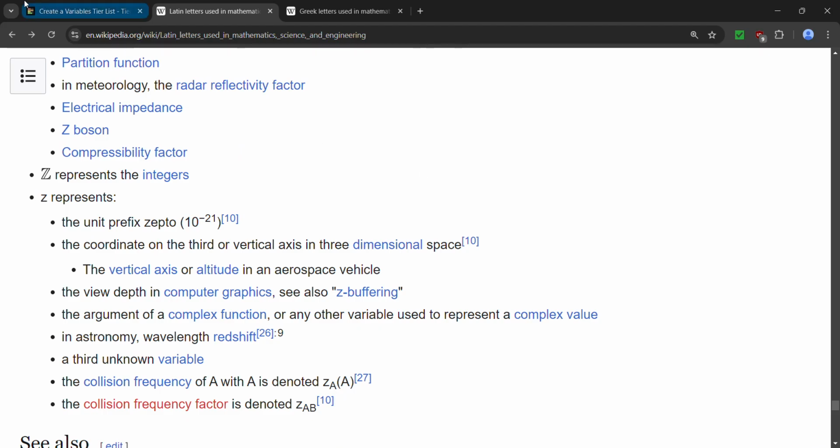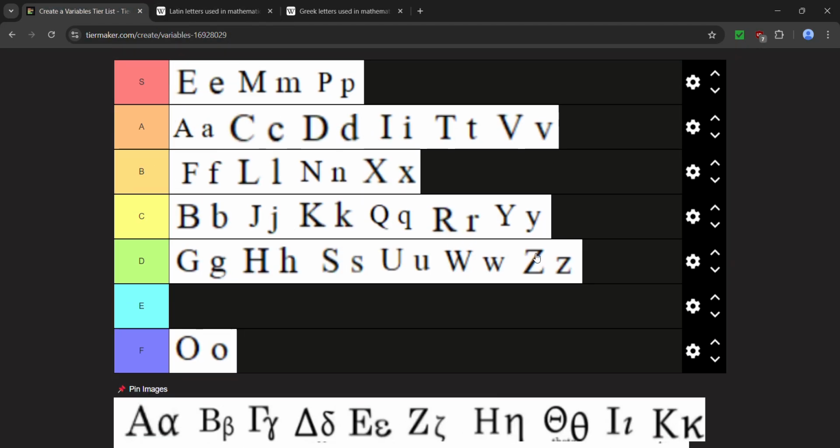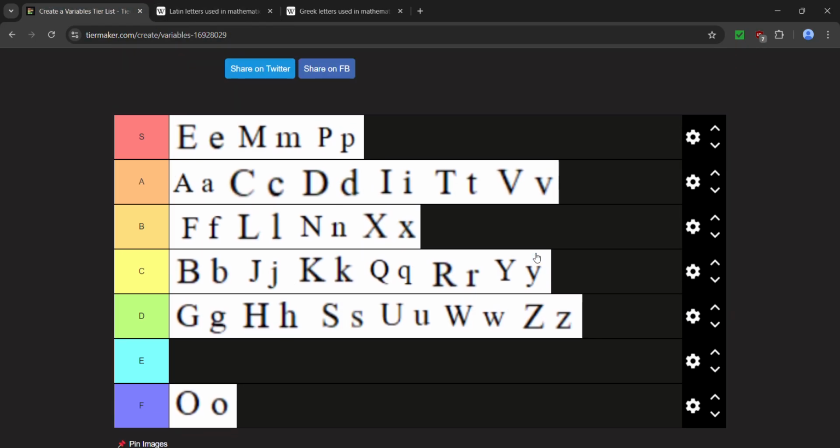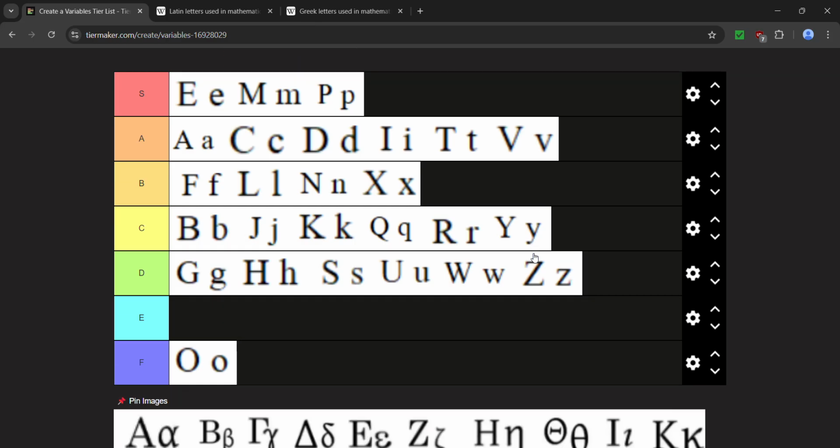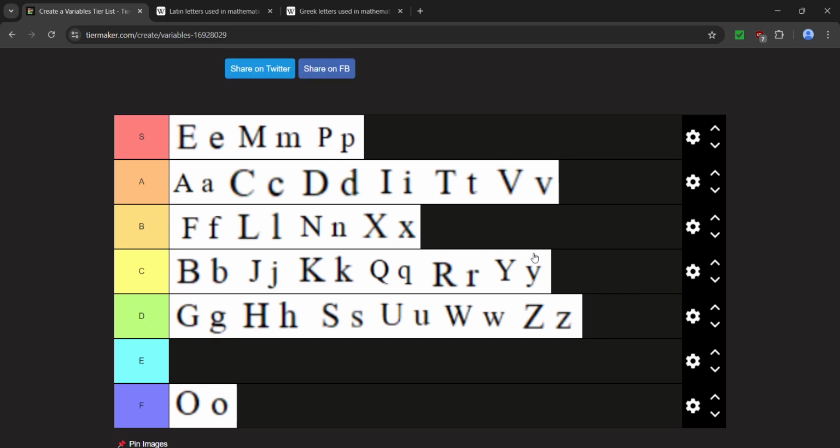Okay, so let's take another look at our Latin letters here before we go Greek. You know, I'm gonna move T up to S tier. I just realized that I love T, and I don't actually know why I put P in S tier. It was parameter, pressure, momentum, and something else, right?